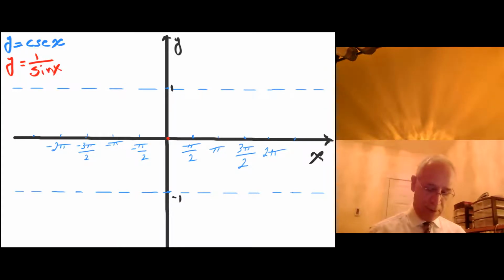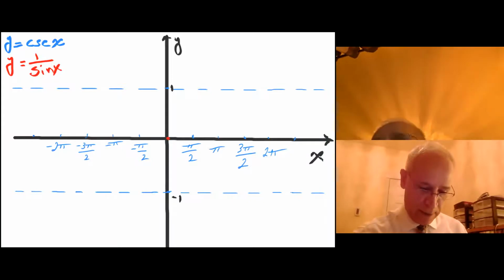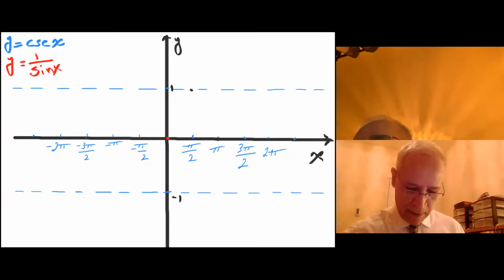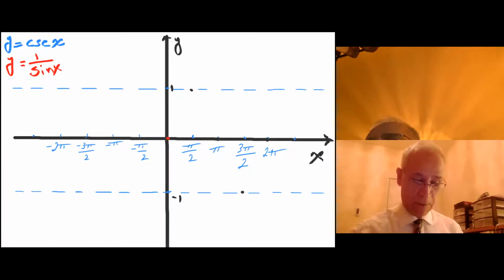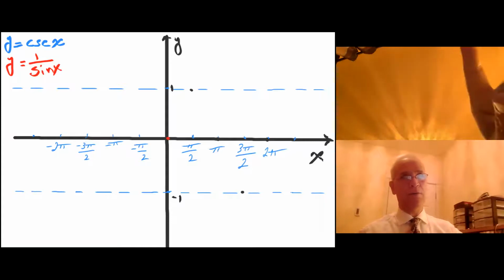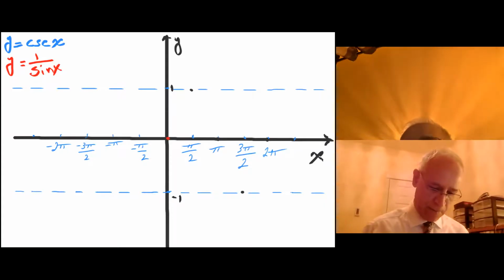I know sine of 0 is 0. Sine of pi over 2 is 1. Sine of pi is back to 0. Sine of 3 pi over 2 is -1. And sine of 2 pi, I'm back to 0. Sine of negative pi over 2 is -1.